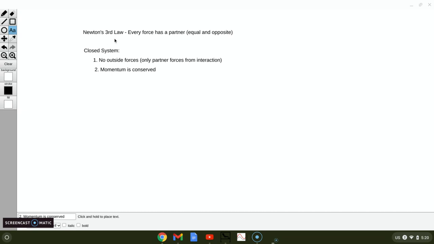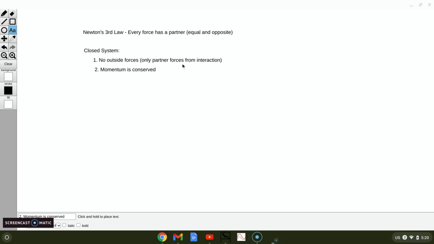When we have an interaction that is comprised of only partner forces, so only third law forces, we call that a closed system. And remember, this would be two objects, so the system would comprise two objects here. A closed system has no outside forces.